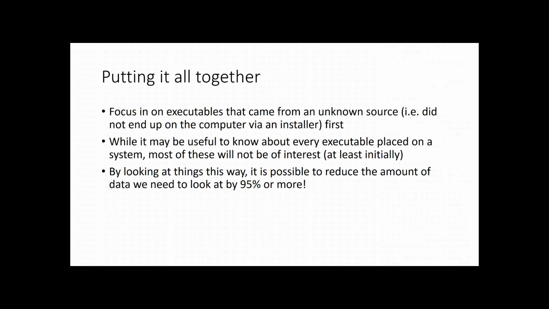We want to be able to narrow that down so that we can focus and potentially pivot around a lot more interesting executables than everything that's in Amcache, right? So that's what we want to try and understand and start narrowing down to. In general, my recommendation is that we focus on those executables that came from an unknown source, right?